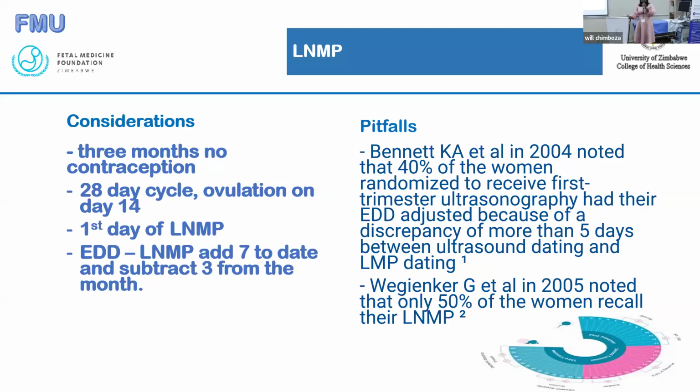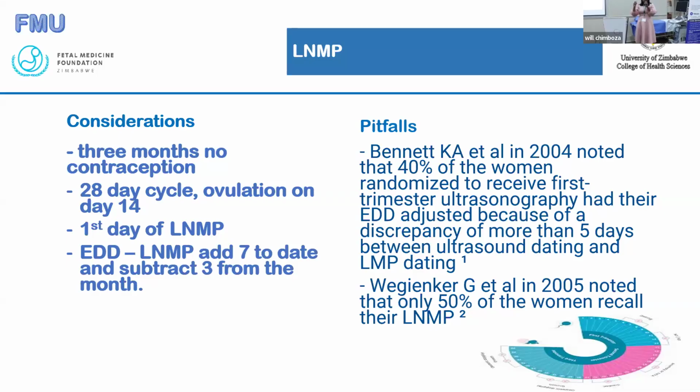However, this method has some pitfalls. For the women that we deal with, only 50% are going to recall a date as their last normal menstrual period. If we have 100 women, only 50% are going to give us a date.